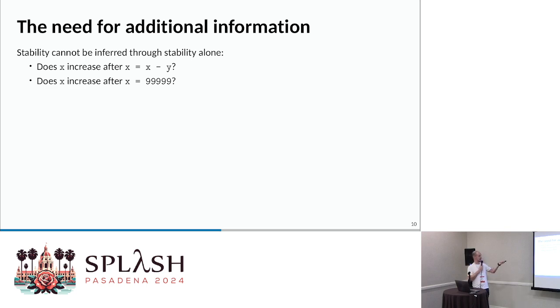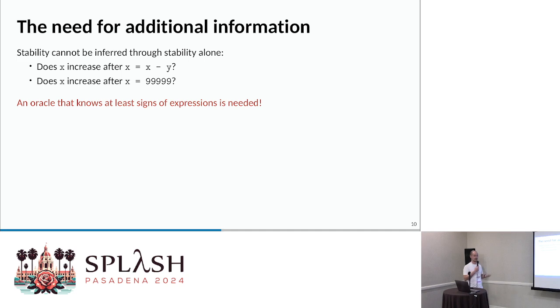Because if you perform this assignment, the variable increases or decreases depending on its previous value. So you do need some information on that as well. And we thought of this need, let's say, as our analysis needing an oracle, so something that it can query.